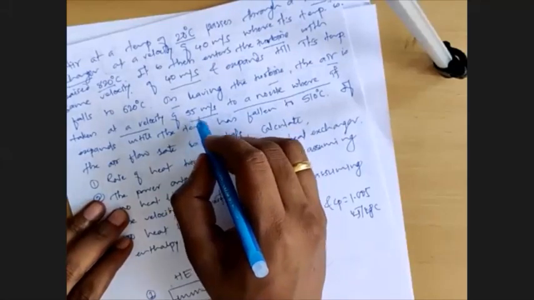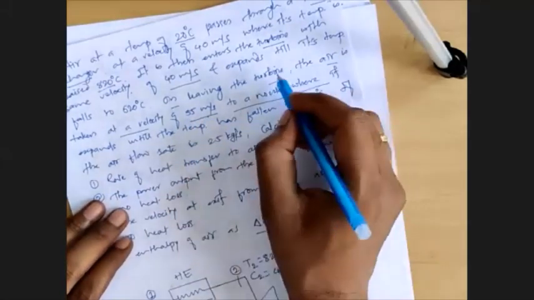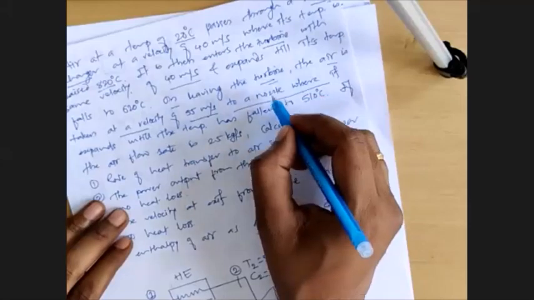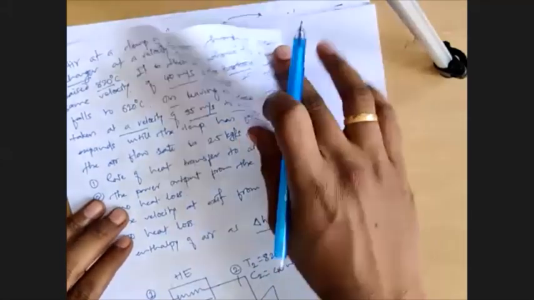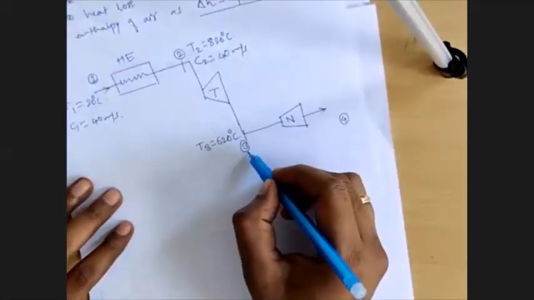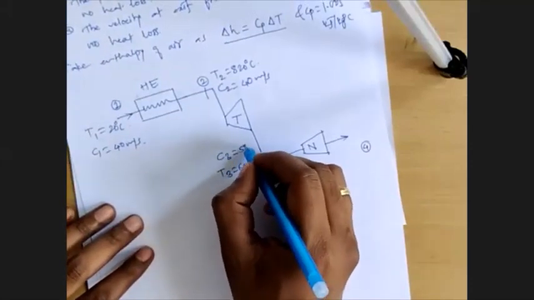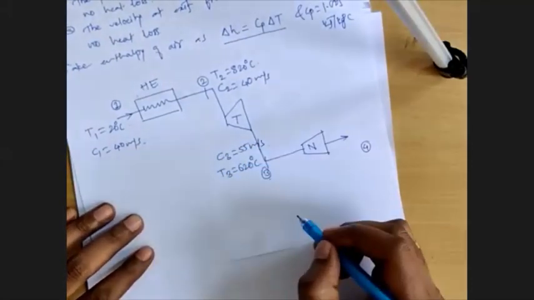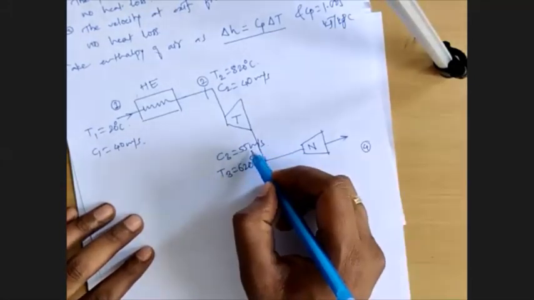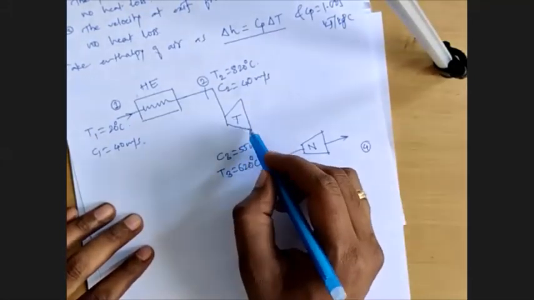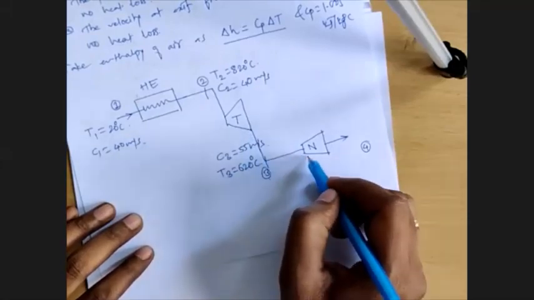This 55 meter per second is the outlet velocity for the turbine as well as the inlet velocity for the nozzle. So for this section 3, C3 is going to be 55 meter per second.